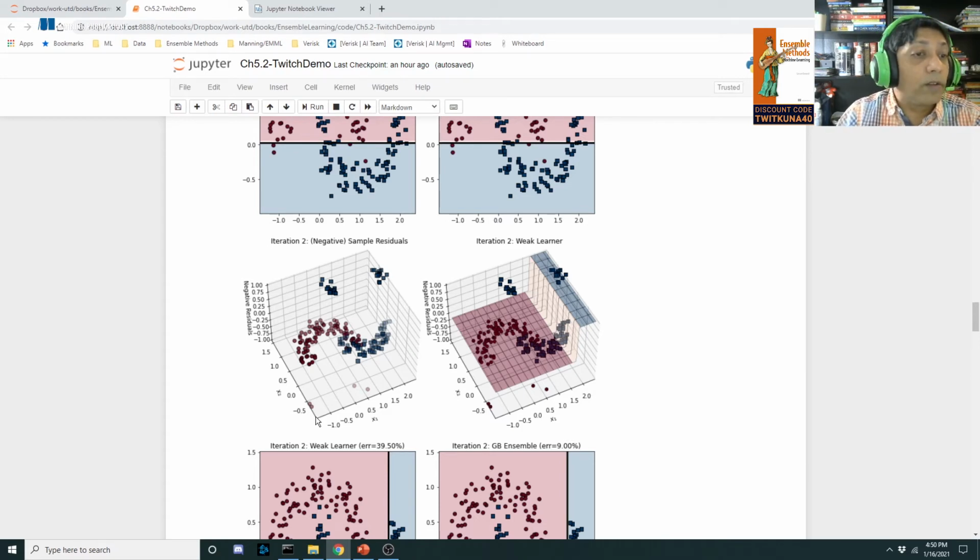And what this is going to do when we build our next model is force the weak learner to try and fit those training examples that have the biggest residuals in magnitude. And that is a good thing because in that way, we will be able to get it to look at the examples that were not correctly classified in the previous iteration.